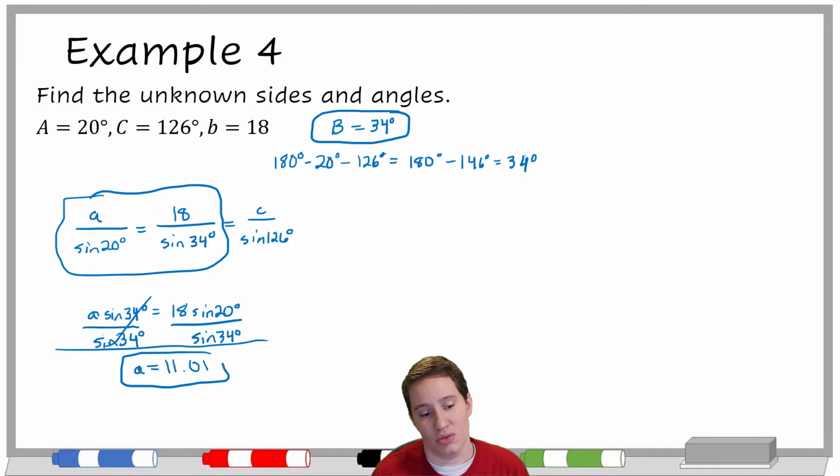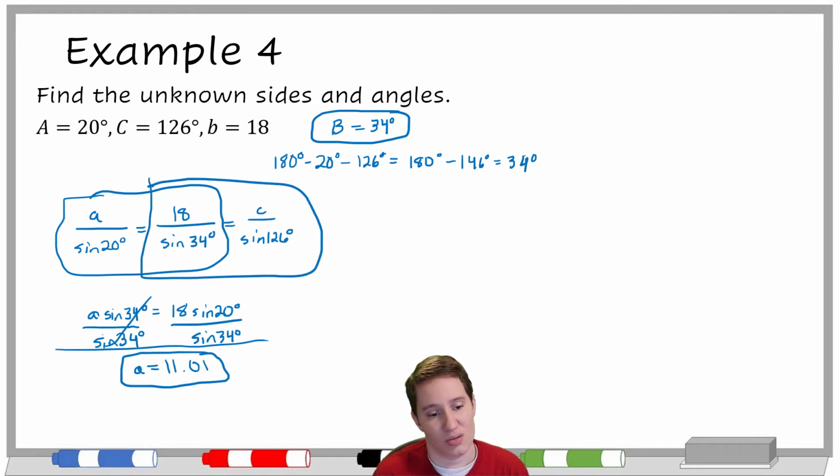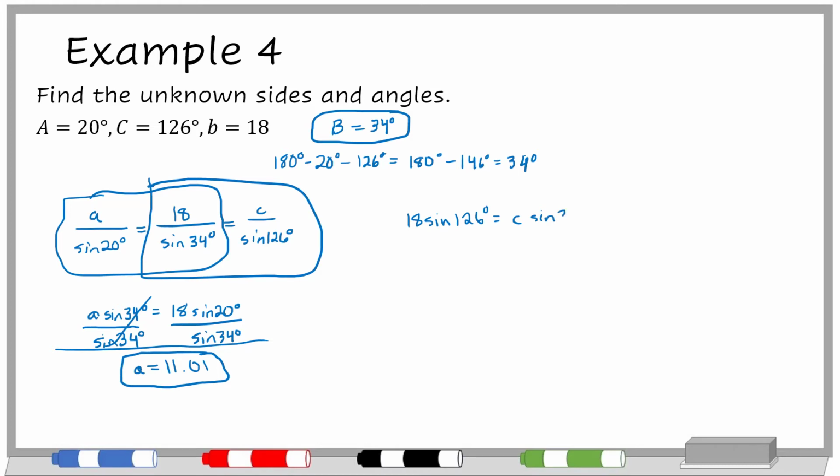And now we will do these two. Cross multiply. So 18 sine 126 equals C sine 34. So divide by sine of 34.